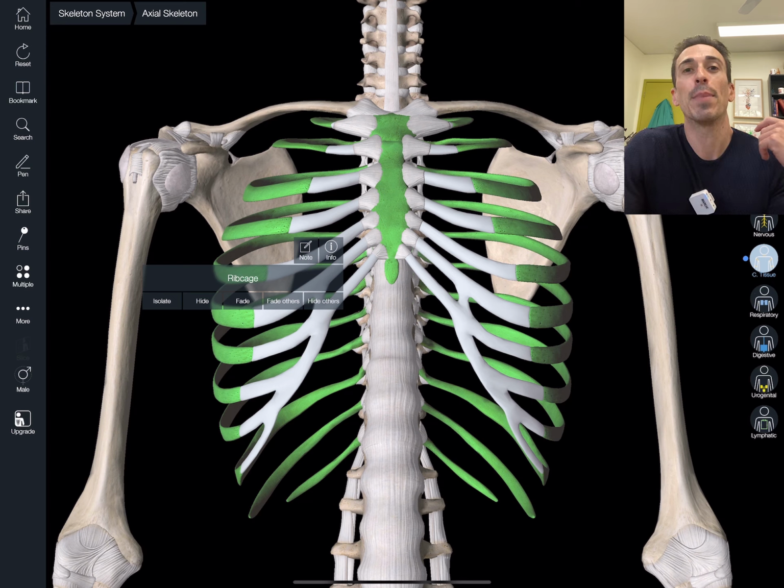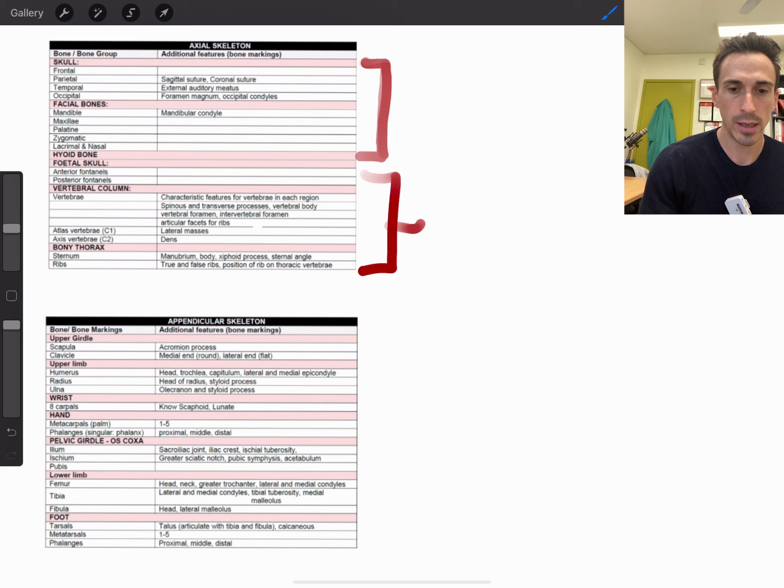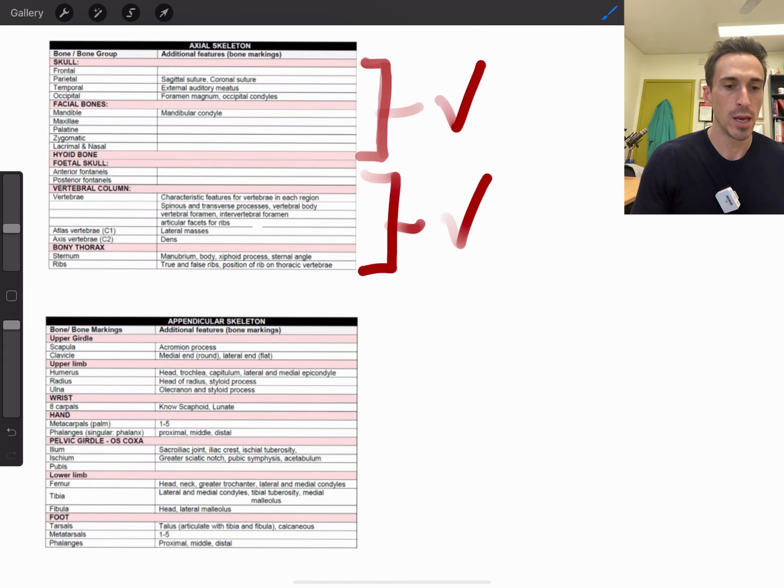We need to look at the appendicular skeleton. So what we've done is the axial skeleton, and we've done all these areas as well, so we can tick these off. We're now looking at the appendicular skeleton. We're first going to look at the upper girdle, which is this area here, so it's going to be scapula and clavicle, which we looked at briefly, but we'll go back through it.